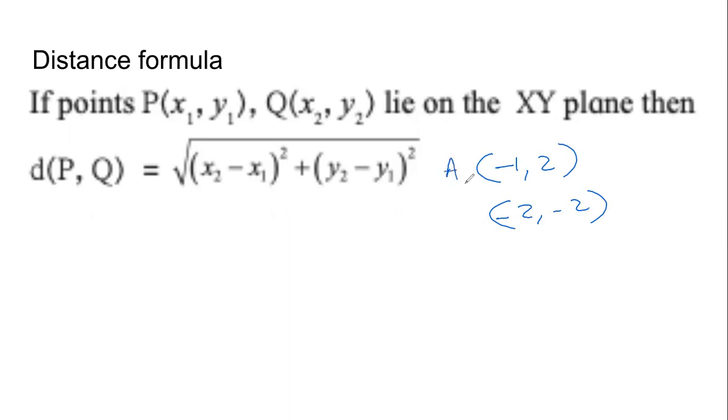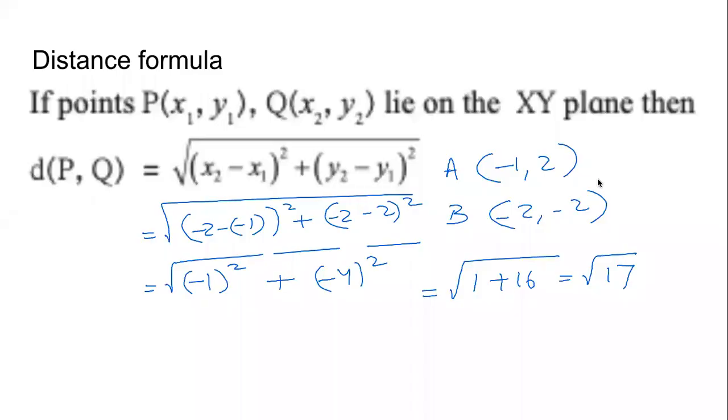Maybe first point is A, second point is B. A is (-1, 2), B is (-2, -2). Find the distance between them. So Chandra, your answer was correct. The distance between these 2 points, A (-1, 2) and B (-2, -2), comes out to be square root of 17.